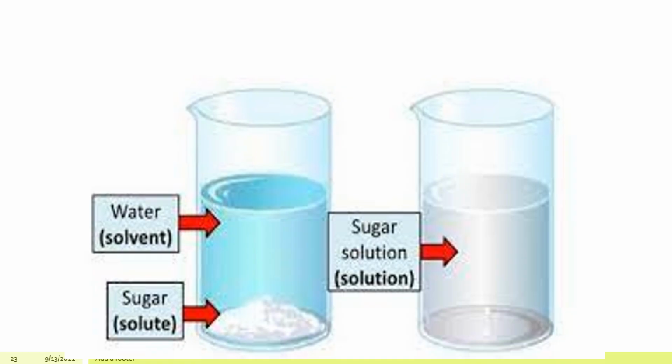Okay. Let us look at the other slide. So this one is the picture of a solution or a sugar solution. We have the water, which is the solvent, and sugar is the solute. So if these two are evenly mixed, then it turns out a sugar solution. Then that is the time that we're going to call that a solution.